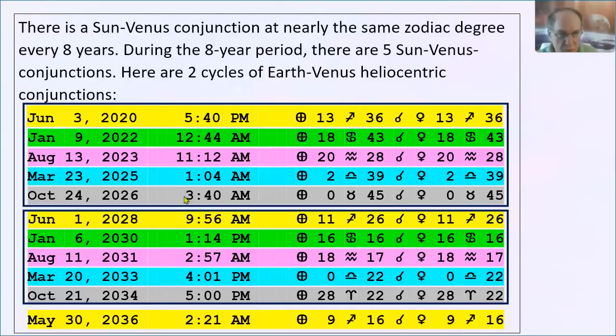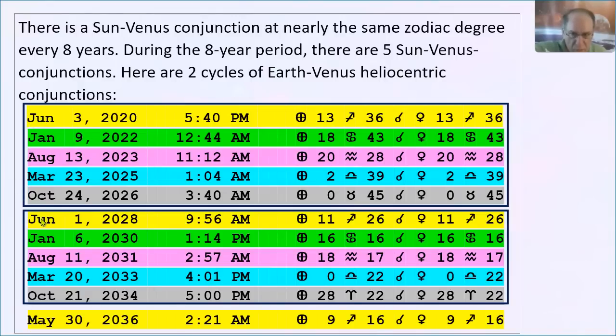Every 1 year, 7 months, heliocentrically, the Sun, Earth, and Venus are lined up. I mean, that's pretty cool, right? They're just, boom, in a straight line every 1 year, 7 months. And then the 6th one, so if we start June 3rd, 2020, green is 2, this is 3, light blue 4, gray 5.